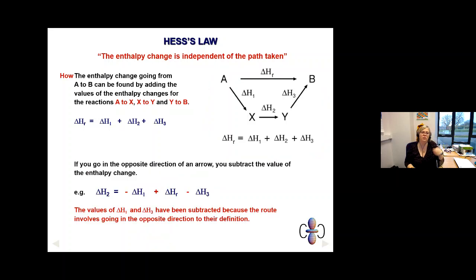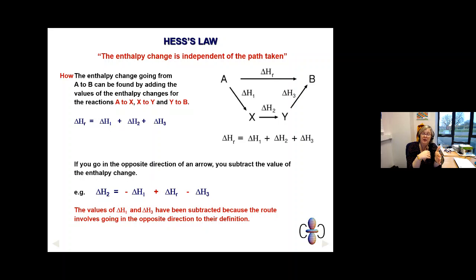Okay, so if I take you through the example, just to show you, it tends to be a three-sided triangle in year 12. They keep it relatively simplistic that it is a triangle. So this route, or you can go via one intermediate and then go to the final product.